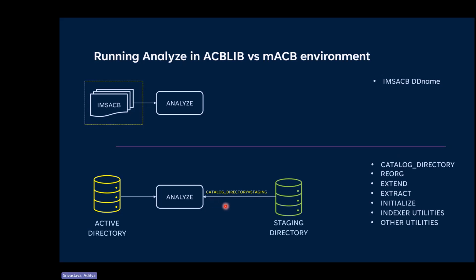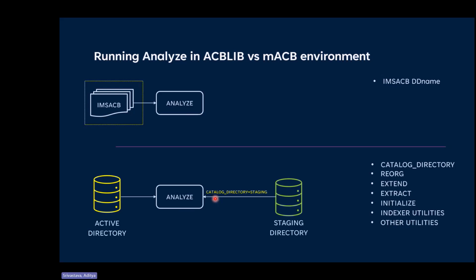For example, in analyze, if the user has given CATALOG_DIRECTORY equal to STAGING, currently it will check in the staging directory, and if the control block is not found, it will just end with some type of message.